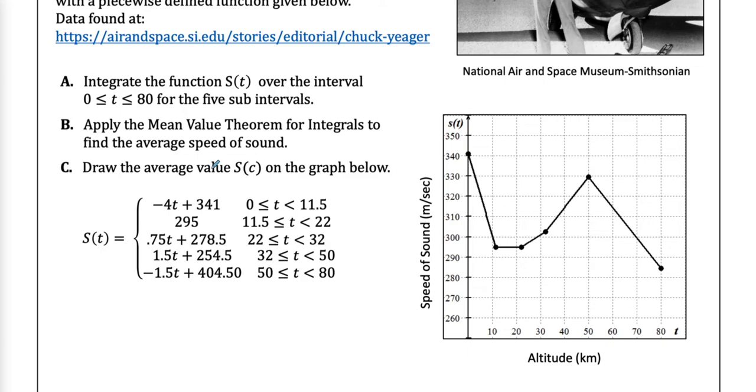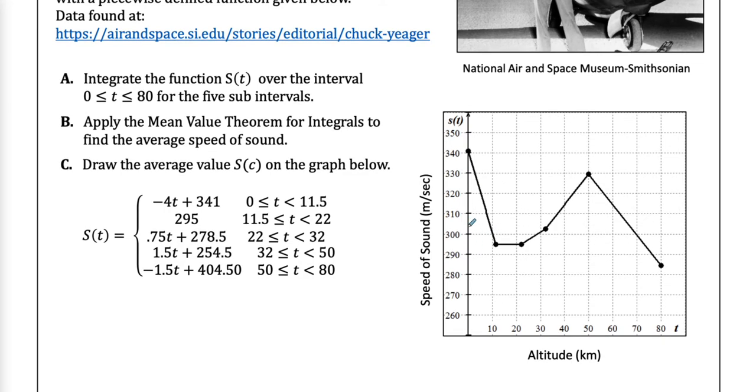Why is this question different than the other ones? That's really all that matters. What's different about the way the information is given to you? The graph is a piecewise function, so it's made up of a bunch of smaller pieces.